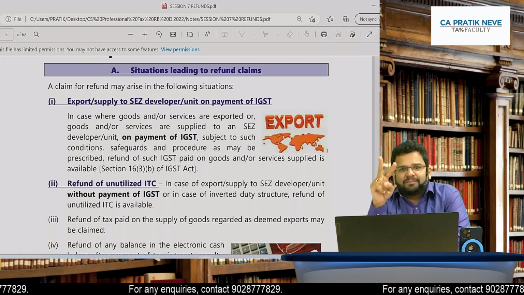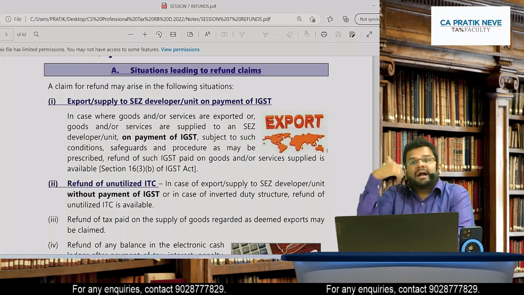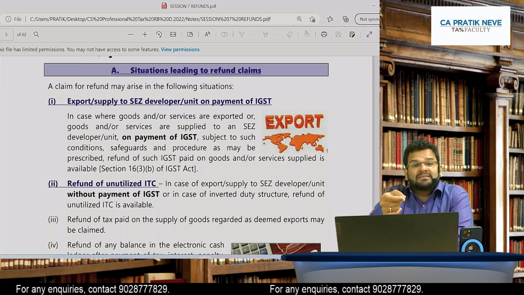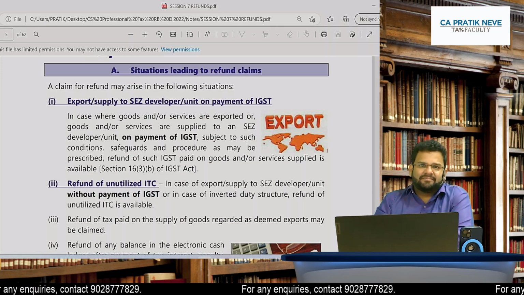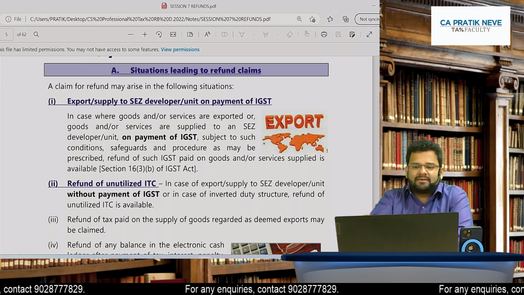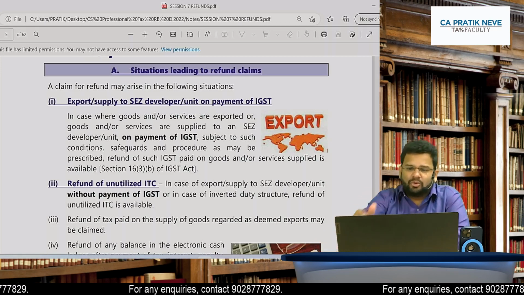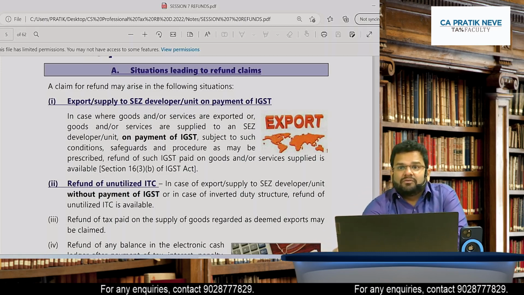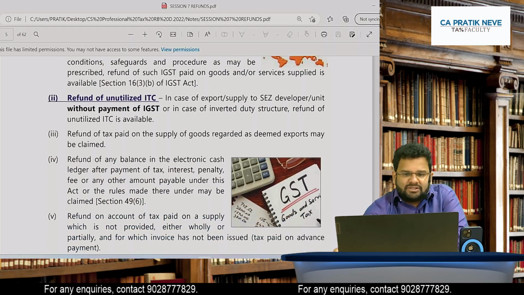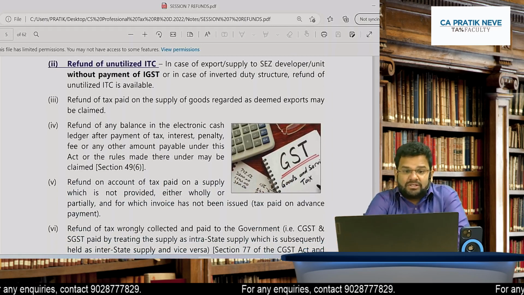And the second point is that if you are paying IGST, then you are getting entire refund of that IGST. So these are the two cases where you are entitled for refund, because exports are always going to be beneficial for the assessee, because exports will be promoted, encouraged, isn't it? Yes, that is one situation.